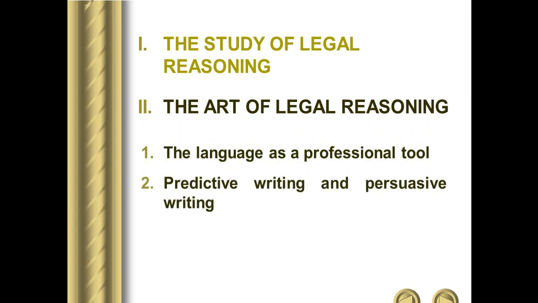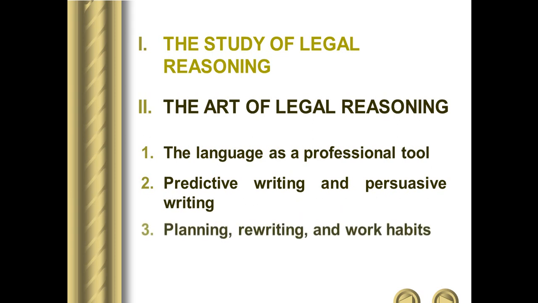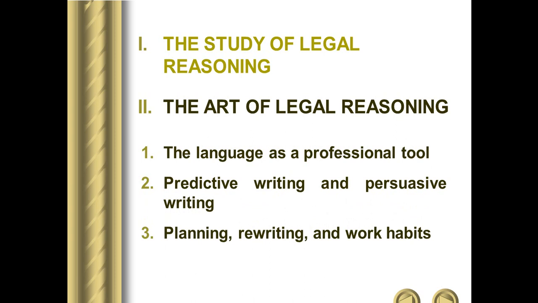Language is a professional tool of legal reasoning. In terms of legal reasoning, it is normally issued in the form of writing. Therefore, we have to know that in legal reasoning, there are 2 types of writing: predictive writing and persuasive writing. And planning, rewriting, and work habits of individuals also influence the quality of this art of legal reasoning.